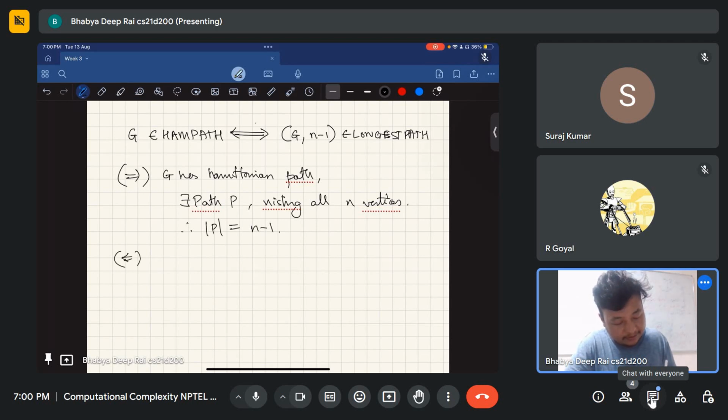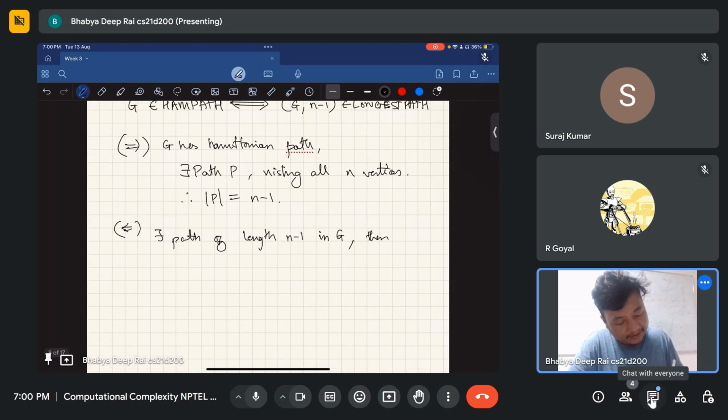The other way around, if there exists a path of length n minus 1 in G, then since the vertices are not repeating in a path, P is a Hamiltonian path.